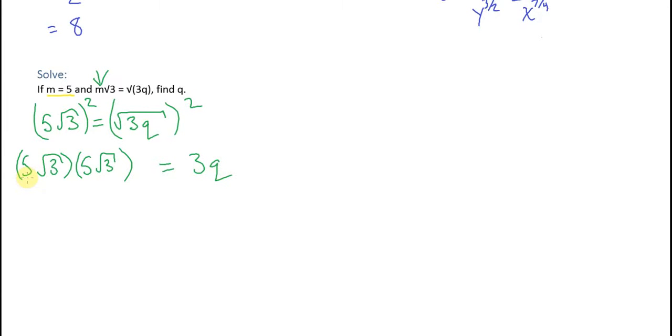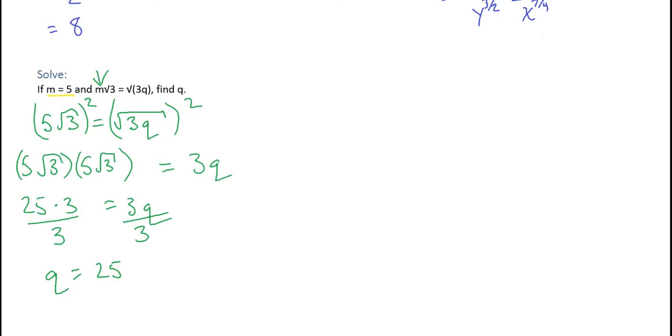Okay, on the left side, we have a 5 times a 5 is 25. The square root of 3 times the square root of 3, which is equal to 3. We can divide by 3. So q is equal to 25.